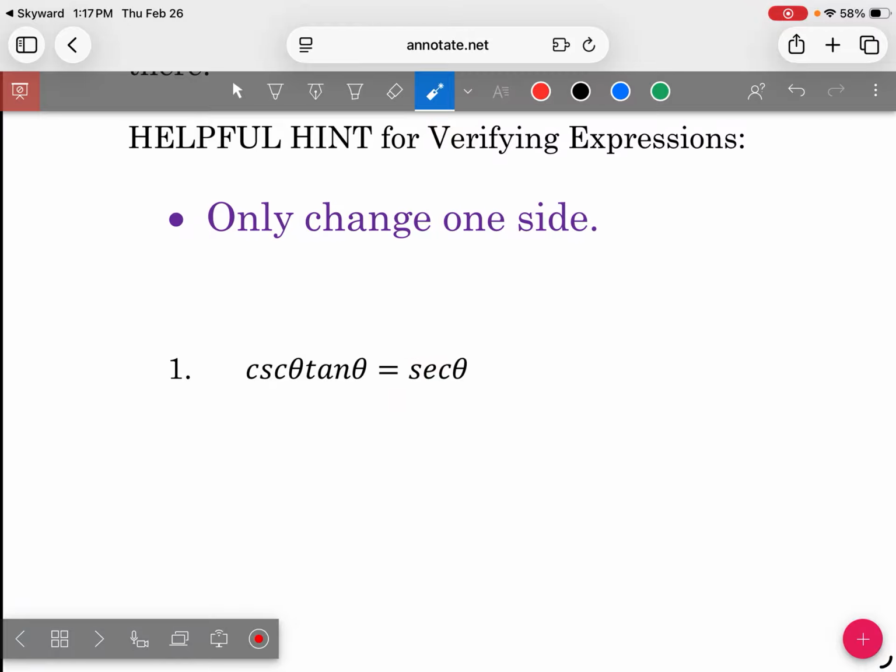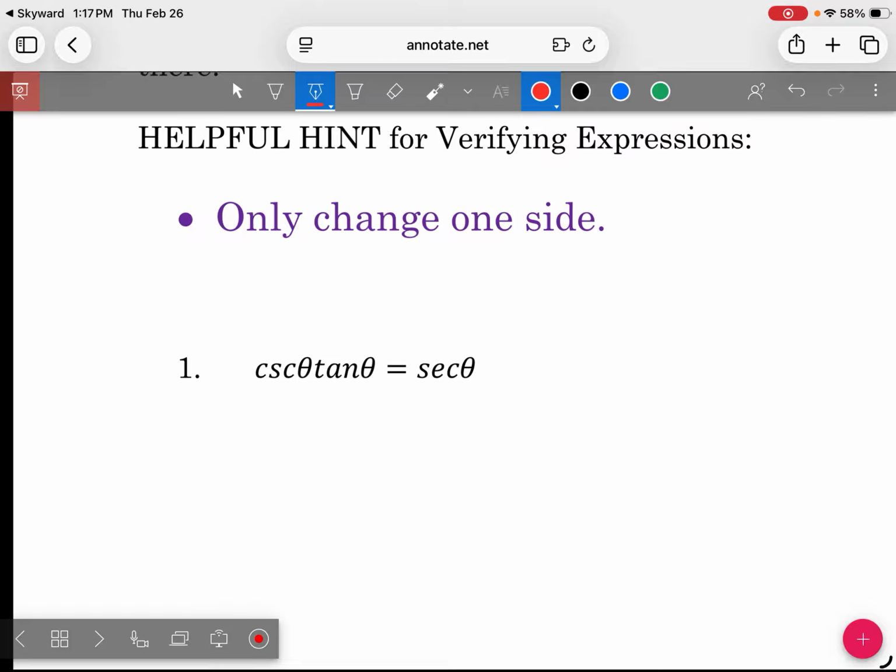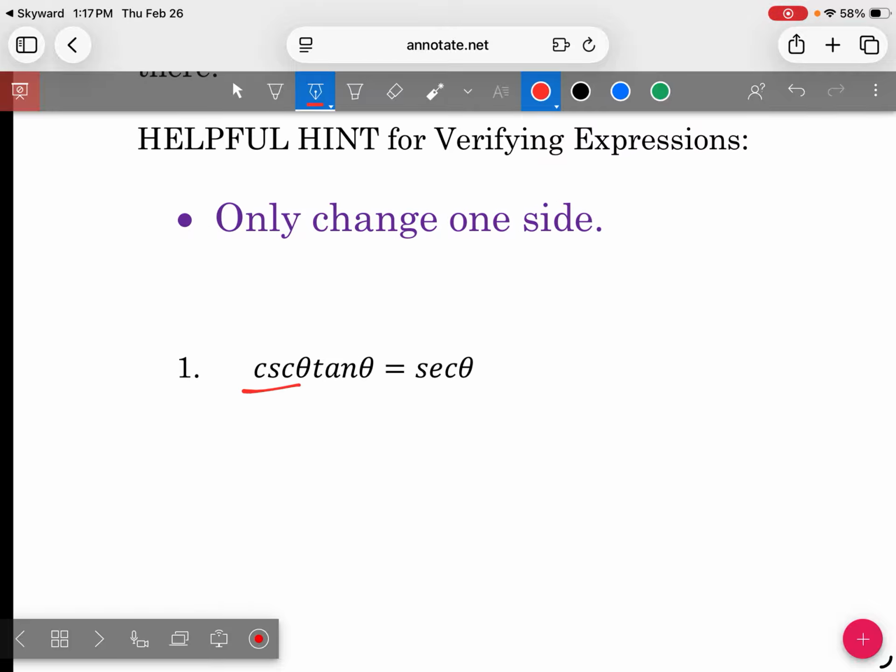I'm going to give you a couple seconds to try to do this one on your own. This is a very basic one. Change this in terms of sine and cosine. Change this in terms of sine and cosine. Cancel. So try to do that one by yourself. That's one of the easy ones. So you have to show me how that's going to equal secant.